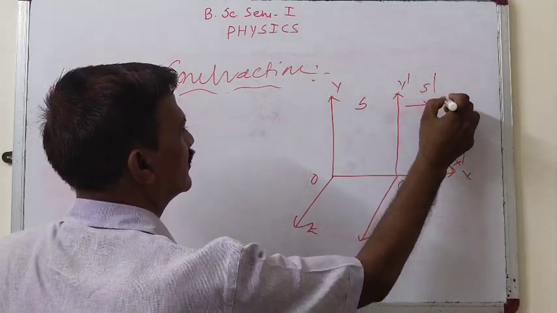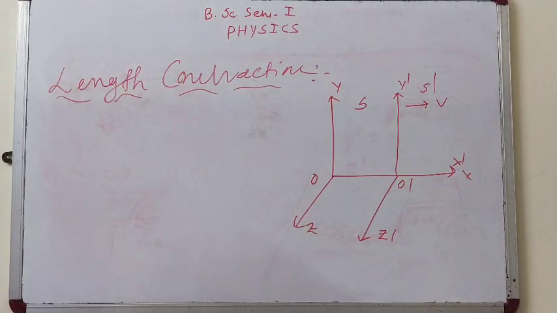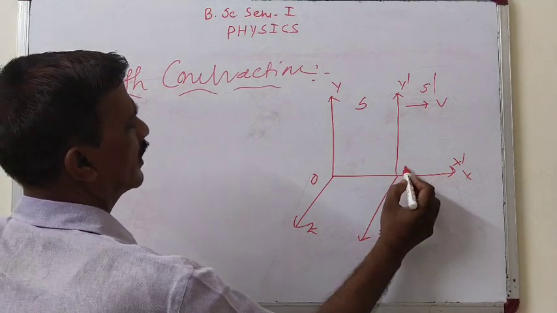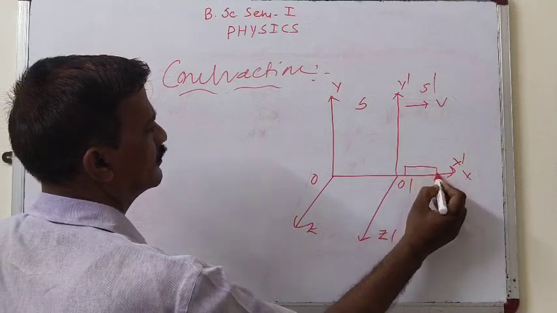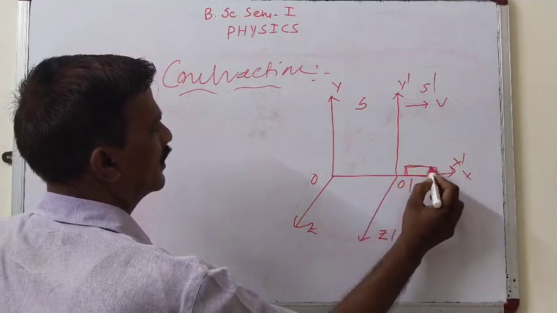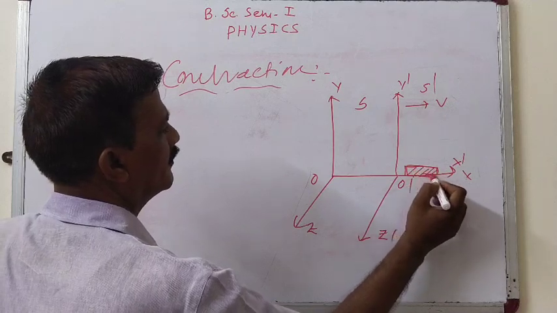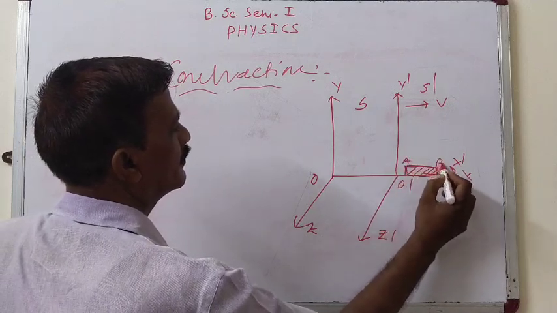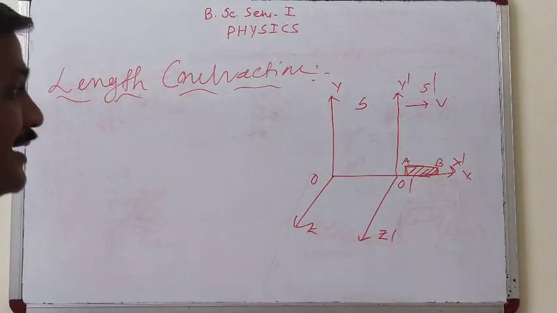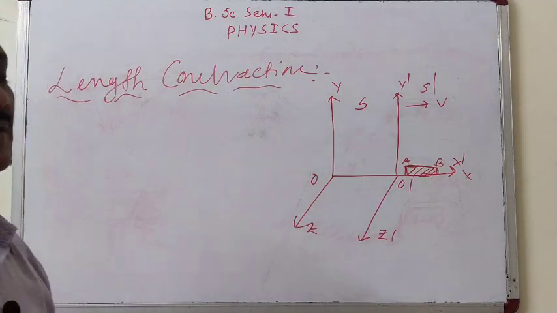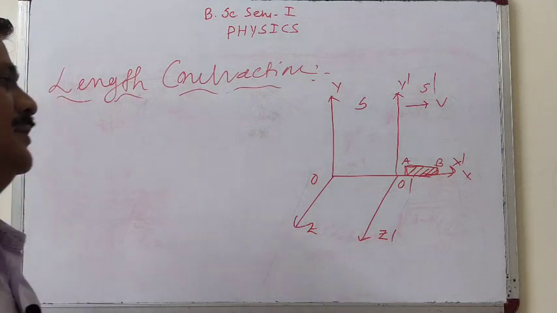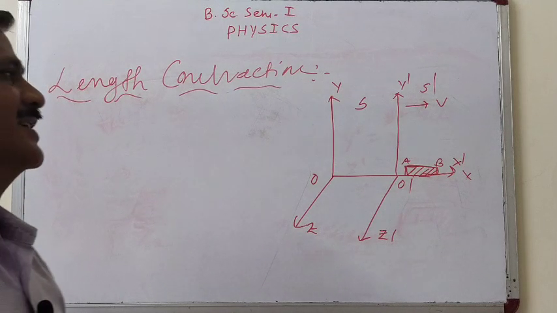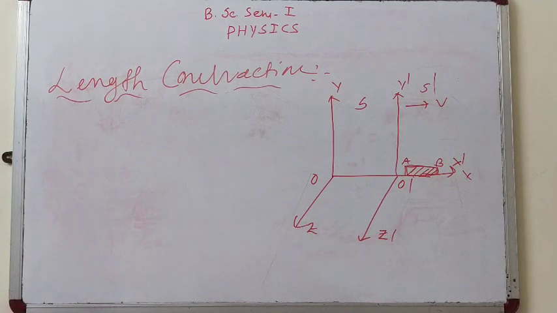This frame S dash moves with velocity v. Keep in mind, consider the rod AB on the x-axis of frame S dash. Also we know frame S dash moves with velocity v with respect to frame S.